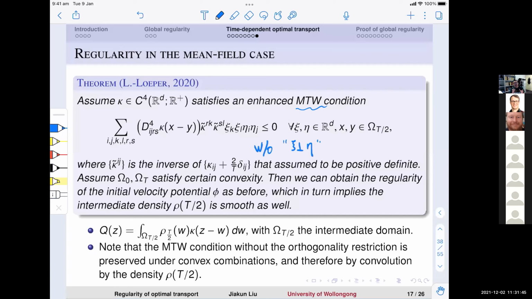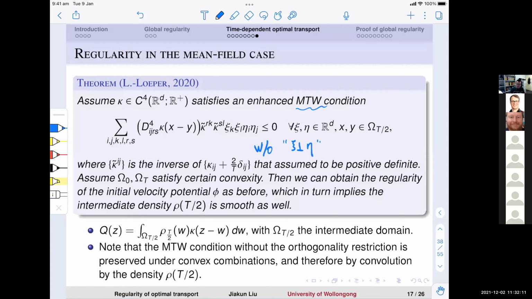That means it is satisfied along all directions, and the vectors don't need to be perpendicular to each other. Under such an assumption, we can prove our cost function also satisfies MTW, and from there we have the regularity.